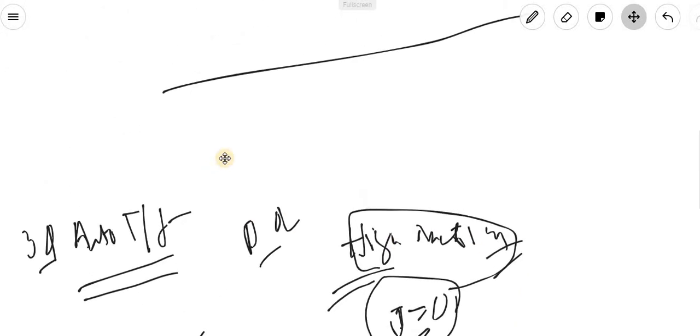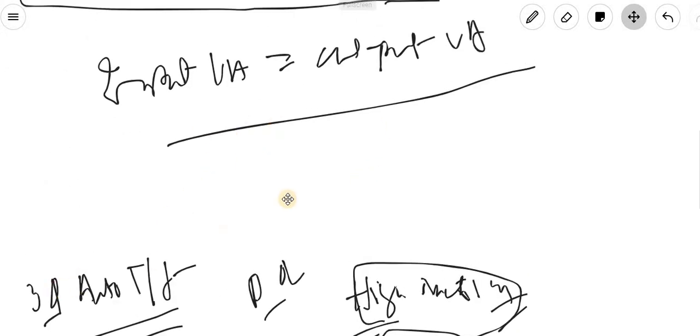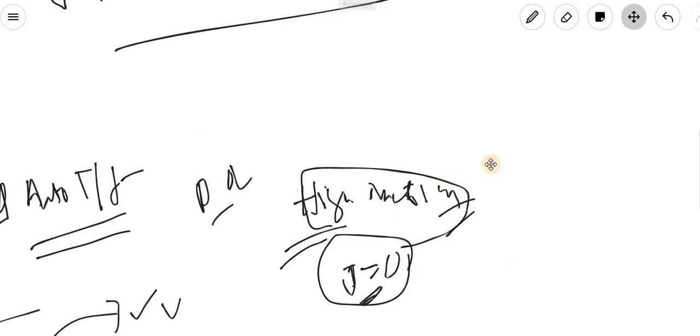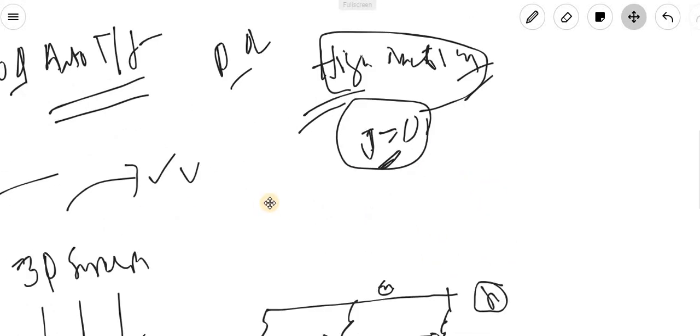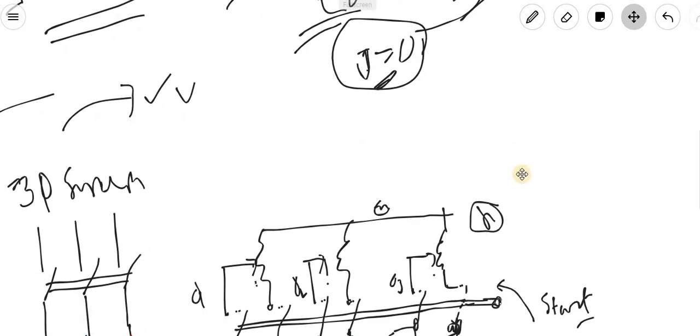Clear? One more thing here: if inertia is 0 for any motor, it does not require any kind of starter, because it picks up speed at that instant.